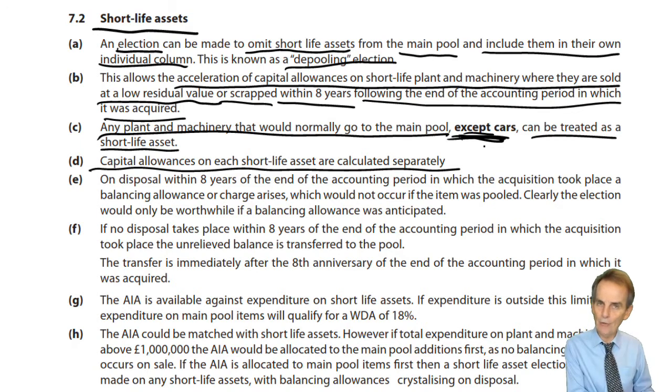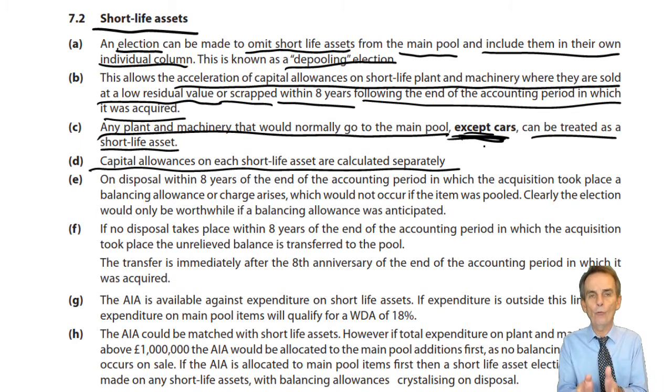Then let the other assets take the AIA, and then, rather than this residue of expenditure where short life assets exist that hasn't ranked for the 100% AIA, make the de-pooling election.